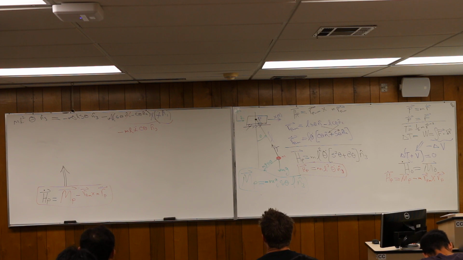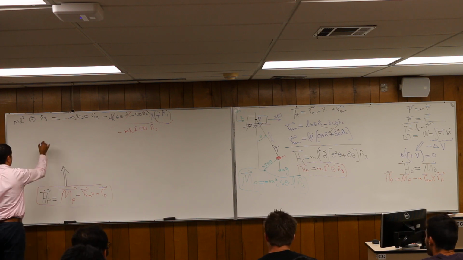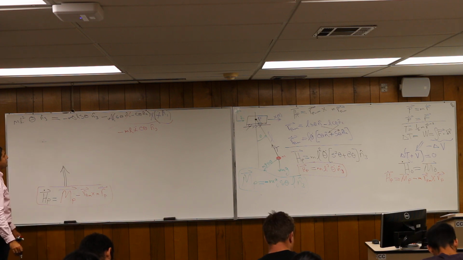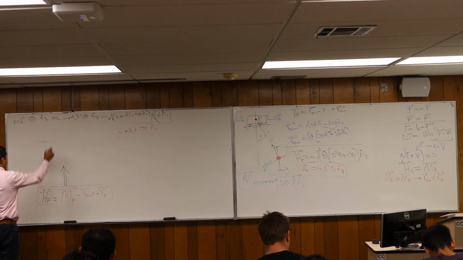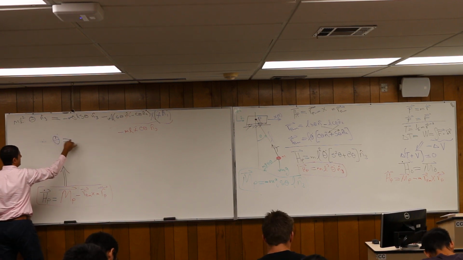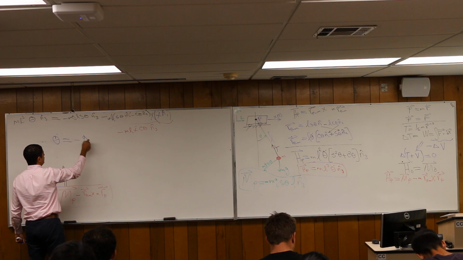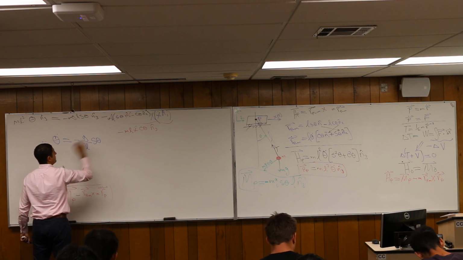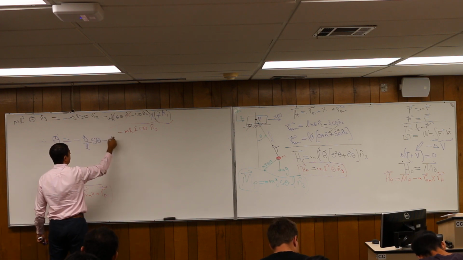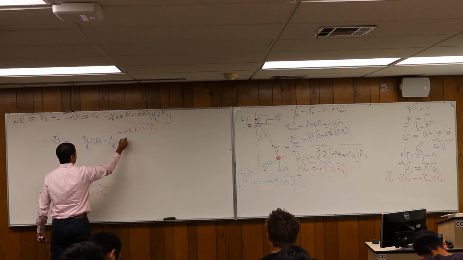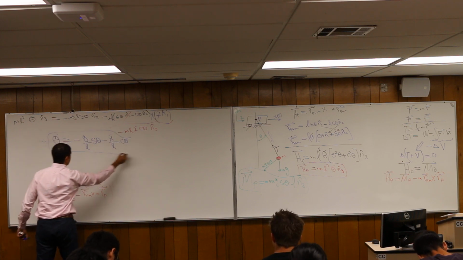The whole vectorial equation is in the N3 direction, so I can get the final equation. I'm going to divide by ml squared. So theta double dot is negative g over L sine theta, negative x double dot over L cosine theta.